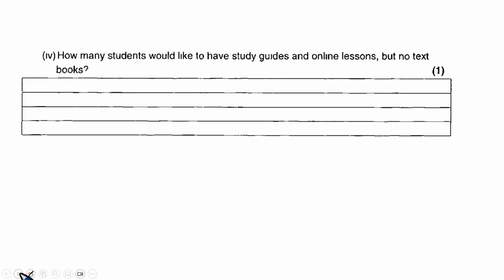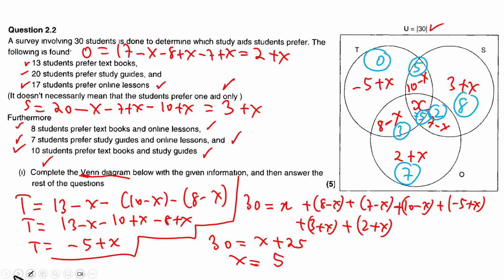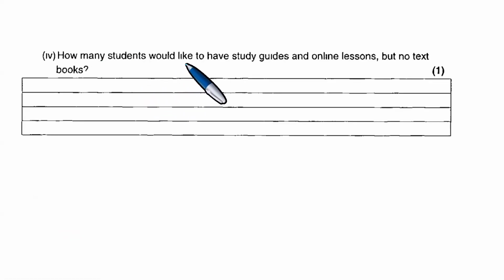Next question. How many students would like to have study guides and online lessons, but no textbooks? There are those students who like study guides and online lessons, but no textbooks at all. They're like, we don't love textbooks, we don't want them.